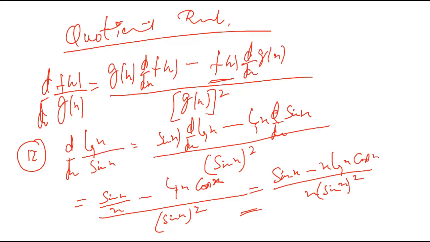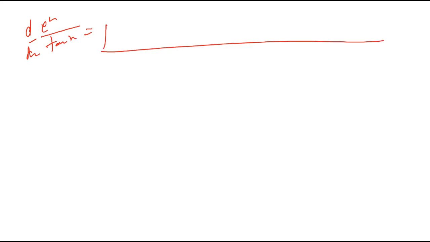Now we shall do some more questions here. Take another example: d by dx of e raised to power x over tan x. Same thing: tan x comes as it is, and I differentiate e raised to power x.